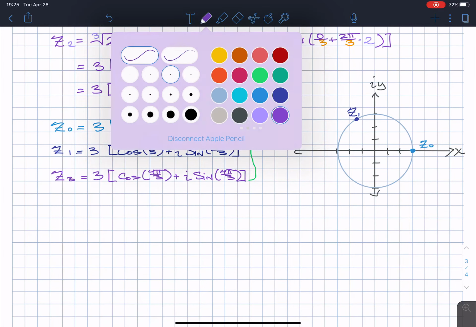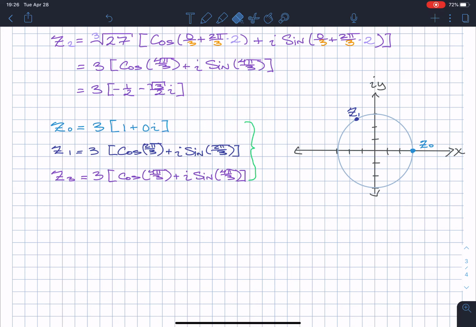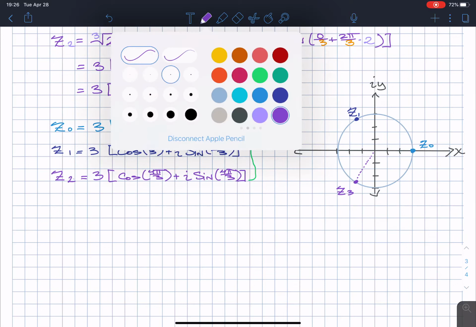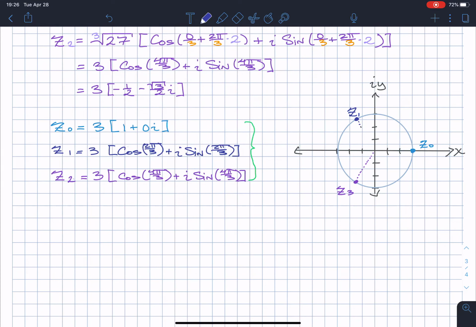And finally, my third root, which is z sub 2, is going to be at 4 pi over 3. So notice how these roots are distributed along the circle. It's like they're distributed evenly around the circle.